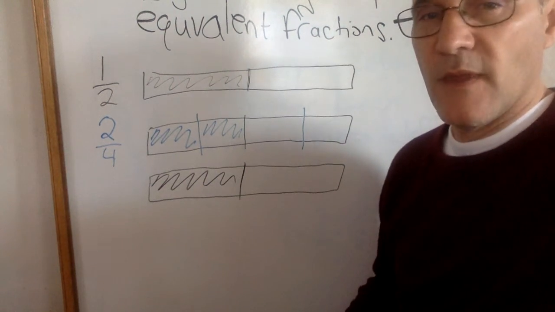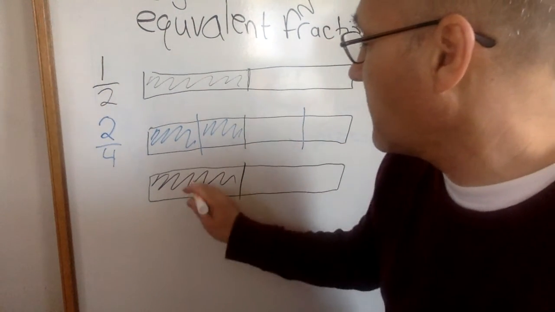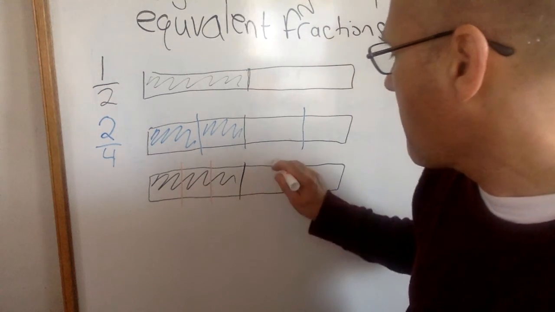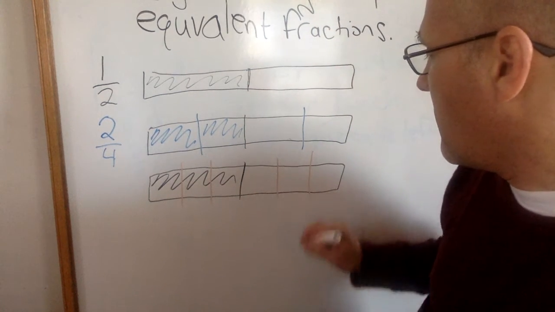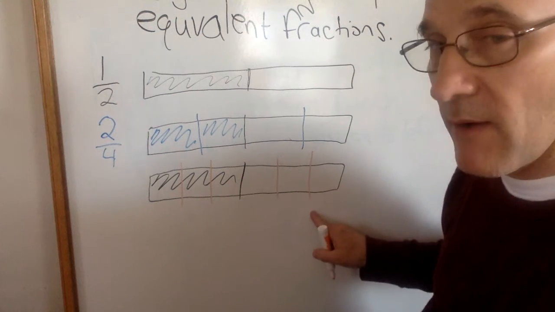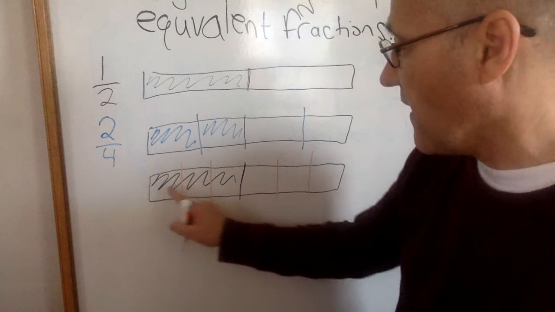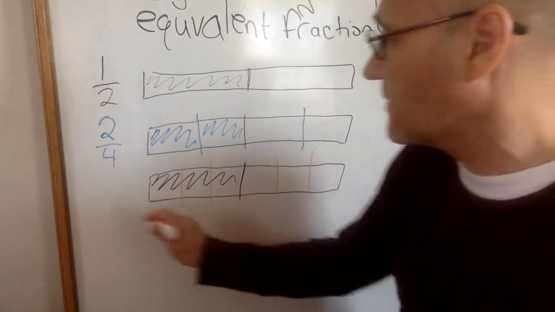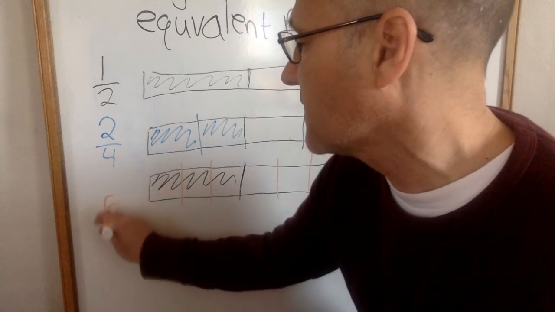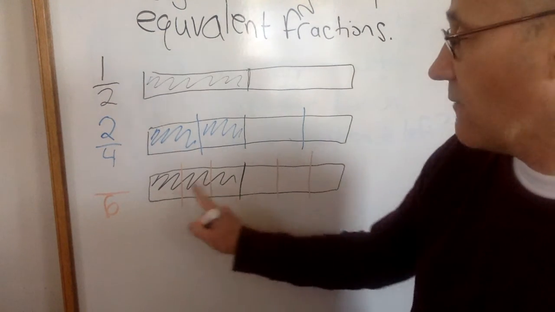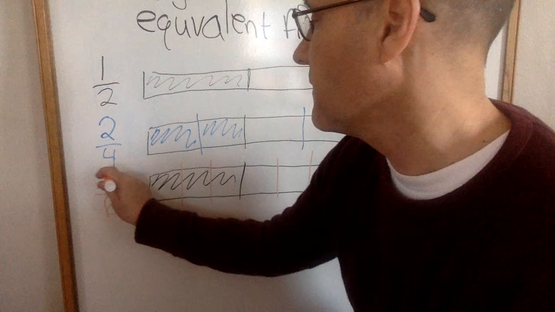Well, if I partition these into 3, if I 3-split each half, and remember I have to do it all the way across because I need to make all of my pieces equal in size. I now have 1, 2, 3, 4, 5, 6 pieces, so my denominator is 6 to make a whole. Each piece is 1/6, and 1/2 is 3/6.